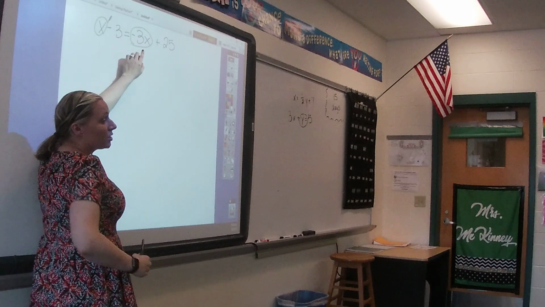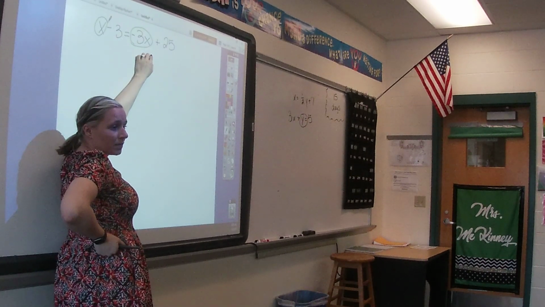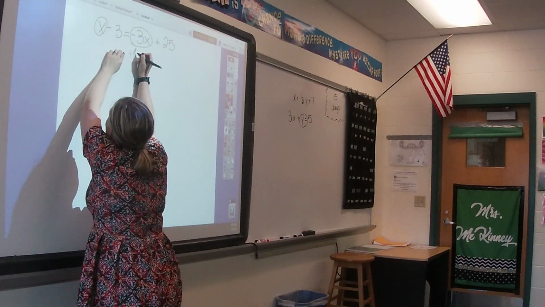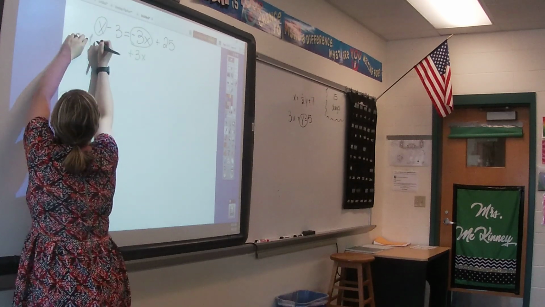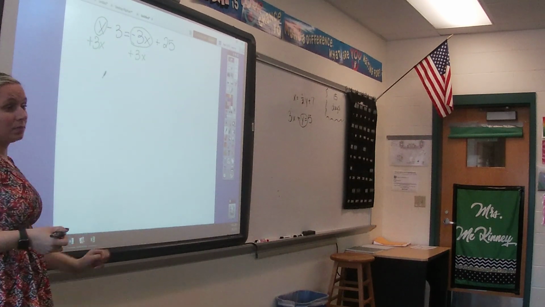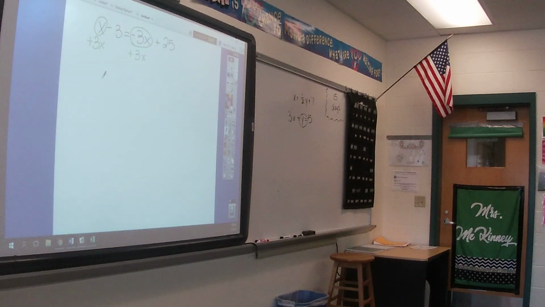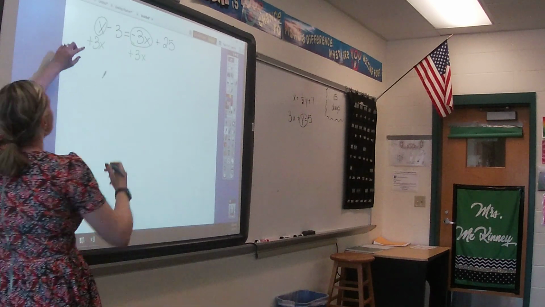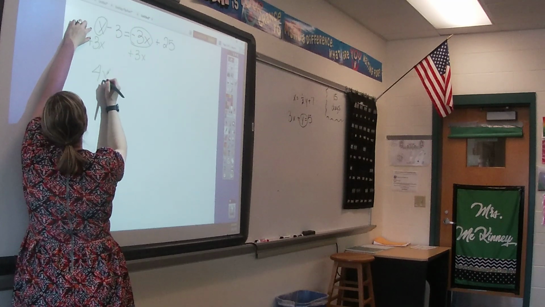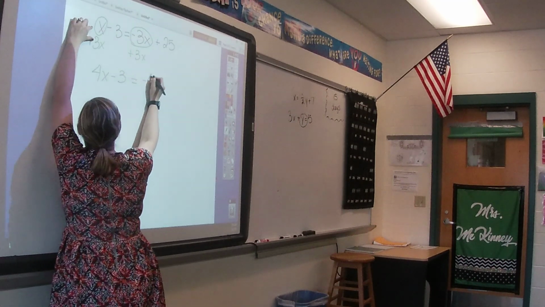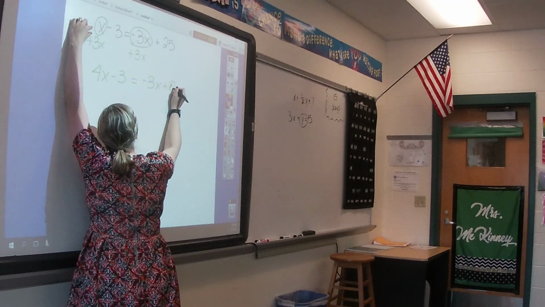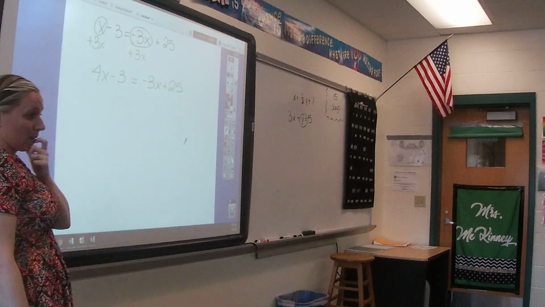Do we want to move an x or a negative 3x? Negative 3x, sure. We can move either, it doesn't matter. So what is x plus 3x? 4x. So now we have 4x minus 3 equals negative 3x plus 25.